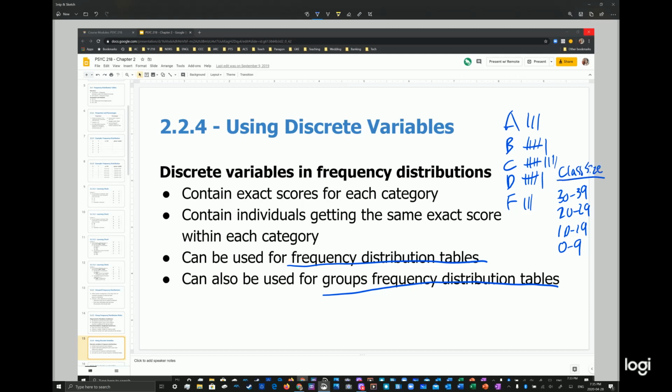And we can have, like, 3 classes that are really small, 6 classes that are a little bigger, more classes that are about this size, and then a few classes that are really, really big. Again, you can do the same frequency distributions, both the regular individual frequencies and group frequency distribution tables, with discrete variables too.